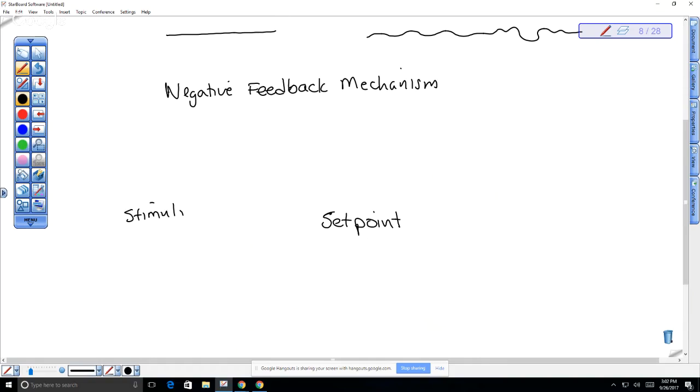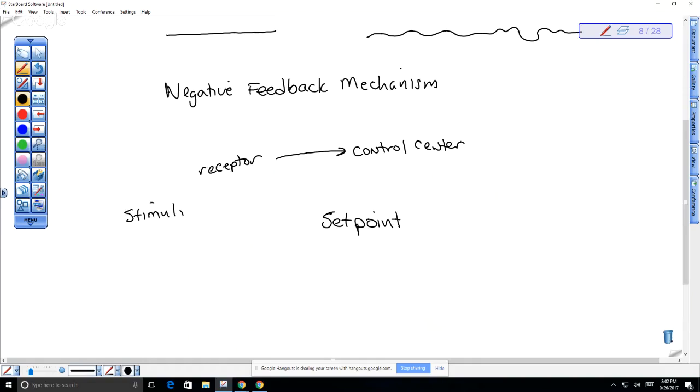Okay, so this is the stimulus. And we have to have some ability to receive that stimulus. So we have to have a receptor. And the receptor is part of the nervous system. So the receptor is able to detect the stimulus. Then it sends the signal from the receptor to what is called the control center.